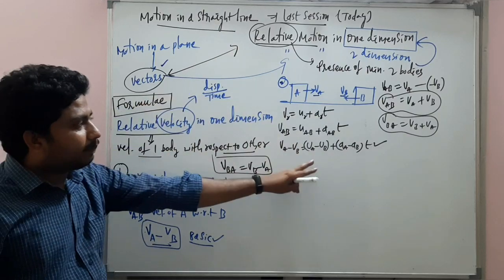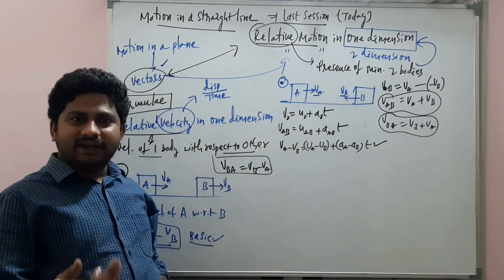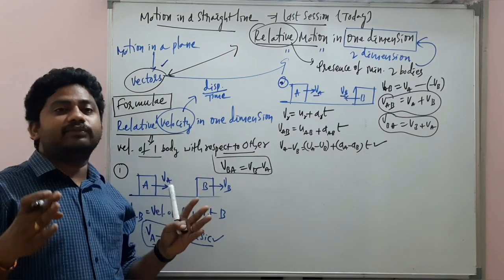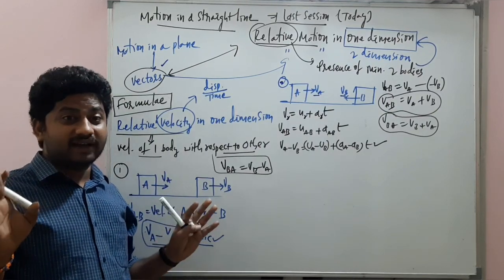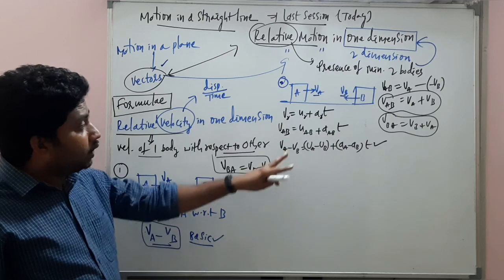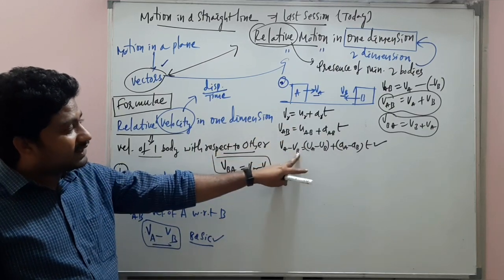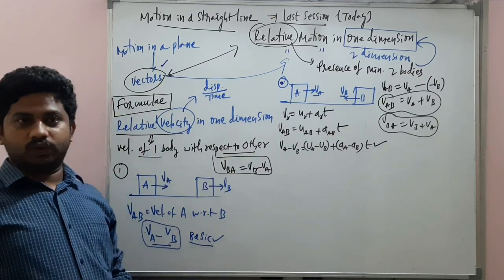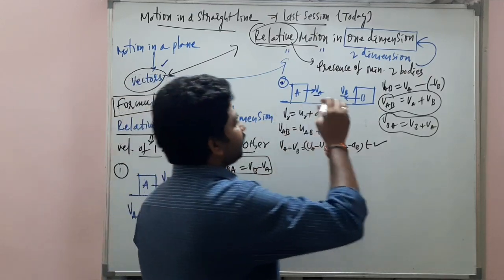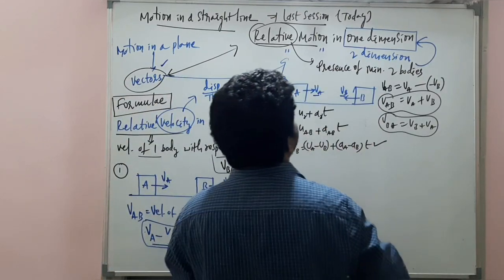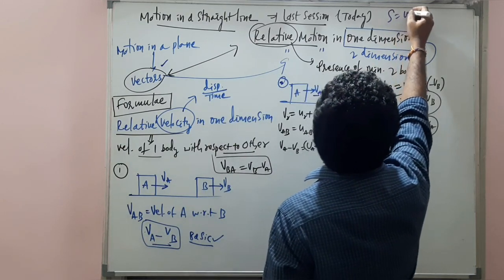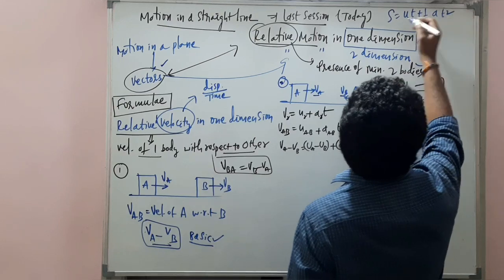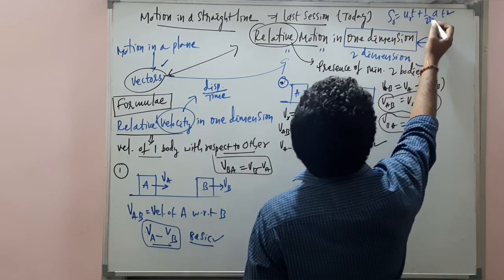Like this you can appreciate it, and we'll solve some numericals, then you will understand it very well. So this is the easiest way of learning the relative motion topic in one dimension that I am discussing with you. In this way you can apply relative motion with the equations of motion also. Right? So what is the other equation of motion we have? Let's write this: S is equal to ut plus half at square. You can use the relative motion concept for this also.